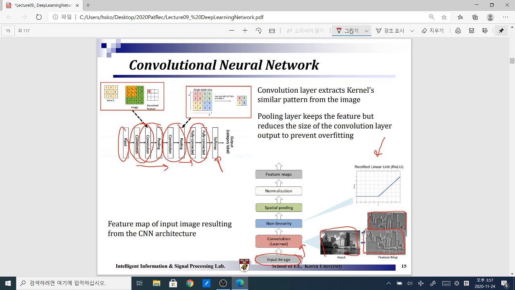So this is going to be yet another feature map as a result of the second filter's convolution process. And at the output of the convolution, each pixel in the feature map then goes through the nonlinearity.